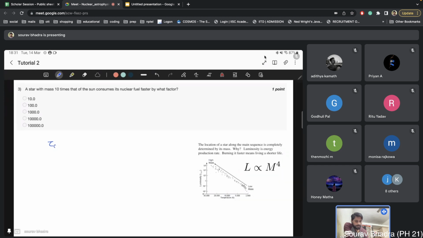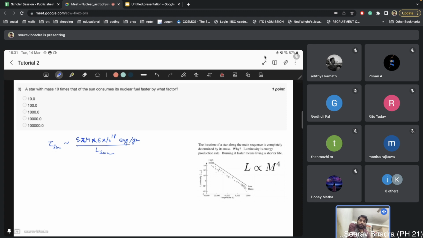So for the Sun, if you go to the previous video, you can see I have used this particular formula: the mass of the Sun times 6 x 10^18 erg per gram, divided by the luminosity of the Sun.